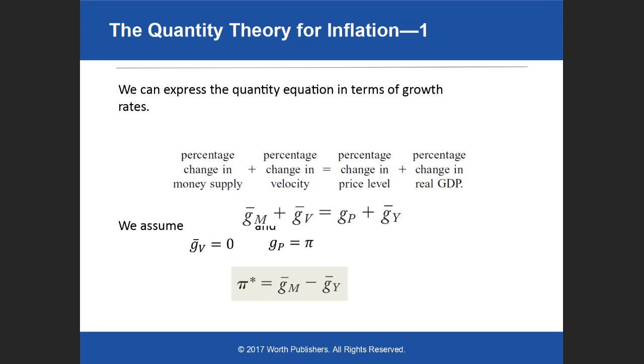In other words, let's make a very, very simple assumption. Let's assume that there's no change in velocity. So the growth of V is 0. The left side of the equation is the growth of the money supply.